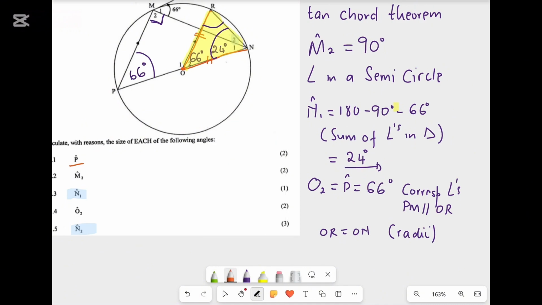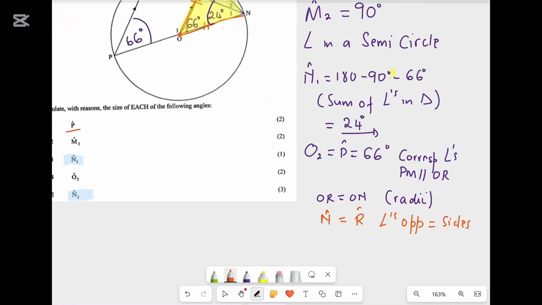So therefore angle N, remember, that is your N1 plus N2, is equal to angle R. These are angles opposite equal sides.